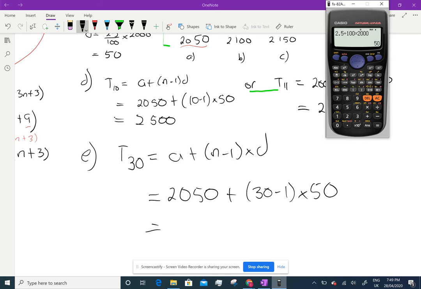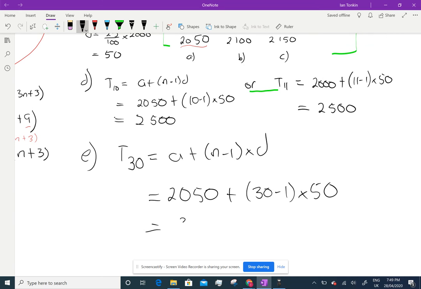I'm going to use my calculator this time. So 2,050 plus 29 times 50, 3,500. And that is simple interest.